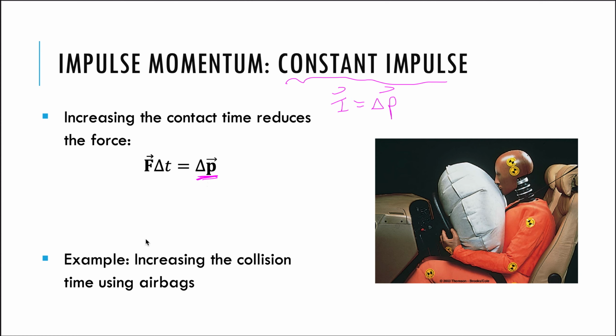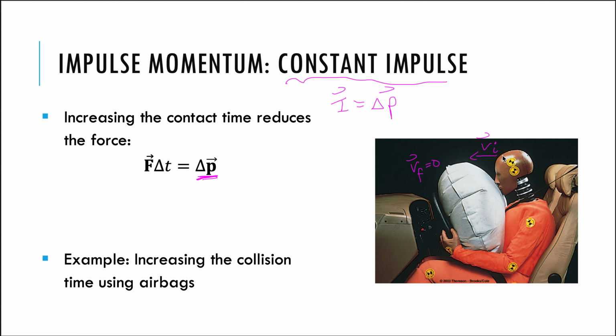Let's look at the example of increasing the collision time using airbags. When you have airbags, it increases the time that it takes to stop, right? But with or without airbags, you're going to have some kind of initial velocity, and then your final velocity is going to equal 0, whether you have airbags or not.